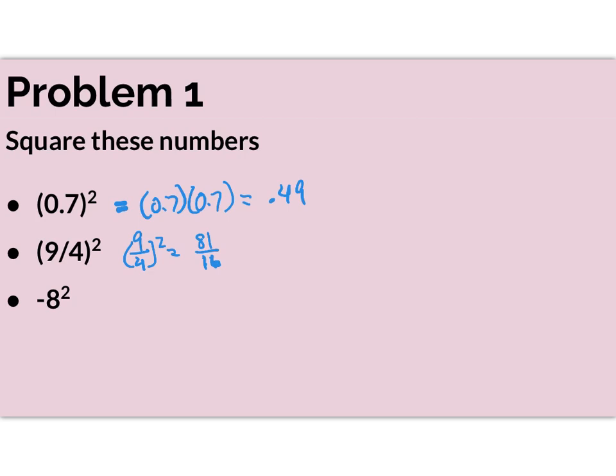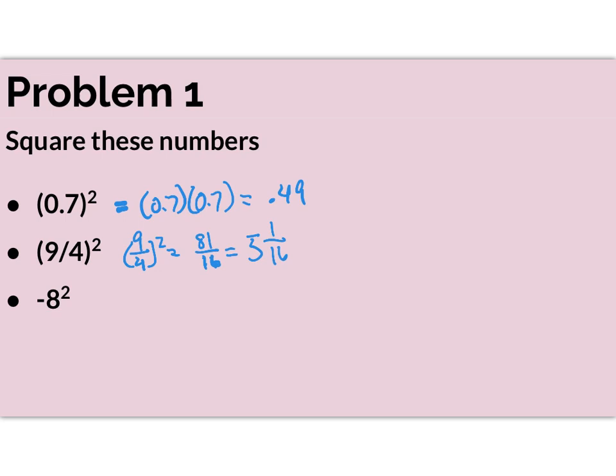They have no common factors, so this one can't be reduced. But what we can do is simplify this fraction. 16, 32, 48, 64, 80. So 5 times 16 is 80, and 1/16 left over.